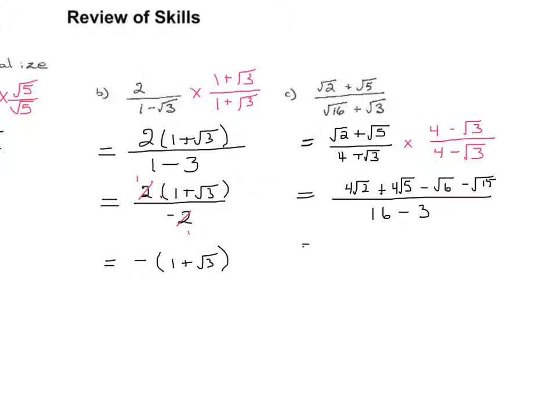Unfortunately, nothing simplifies there. So we have 4 root 2 plus 4 root 5 minus root 6 minus root 15 all over 16 minus 3, of course, leaving us with 13, and there's our rationalized final answer.